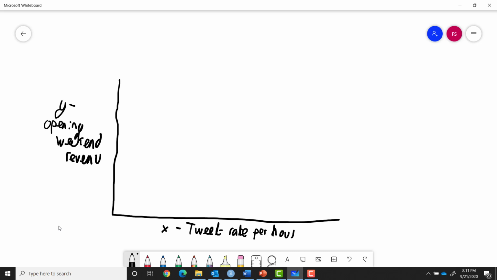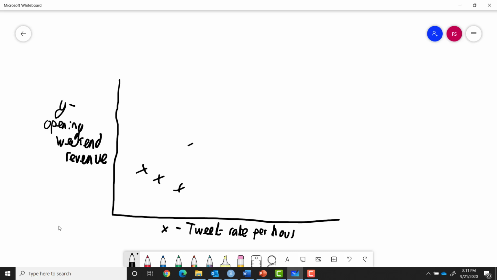Now, of course, if I want to predict movie revenue, I'm probably going to use a lot of different information. But for the moment, we're trying to predict it just on this measure of social media buzz. And of course, the idea is using this, we can help plan our advertising campaign for our movie, try and maybe force it onto more screens, etc. So let's just say we have some points here.